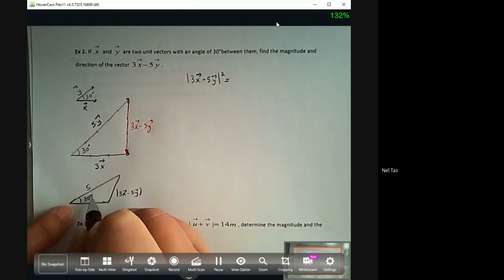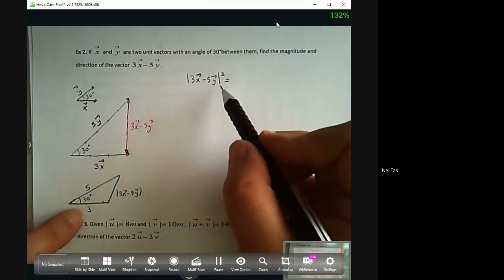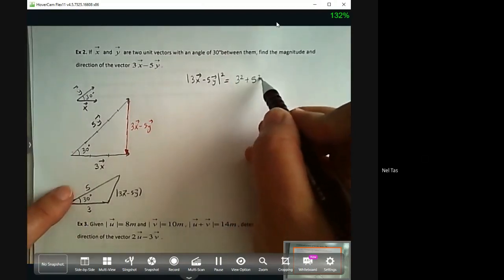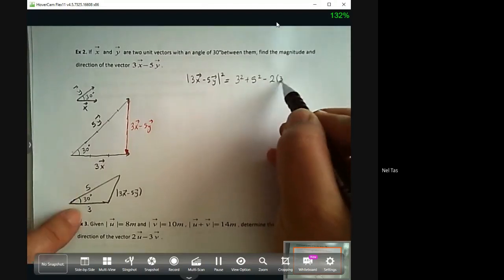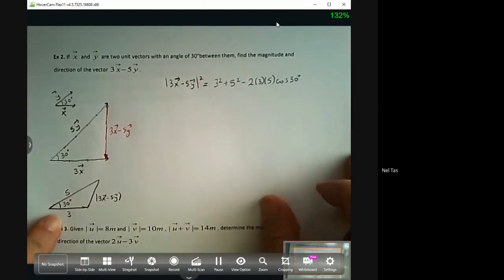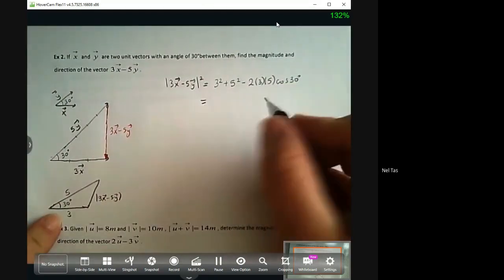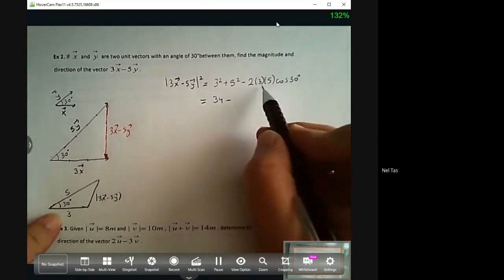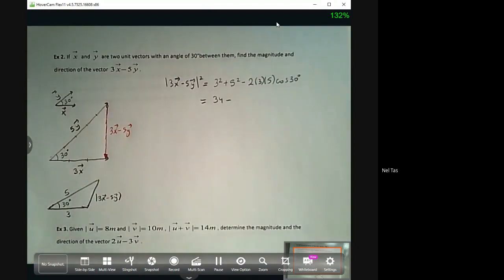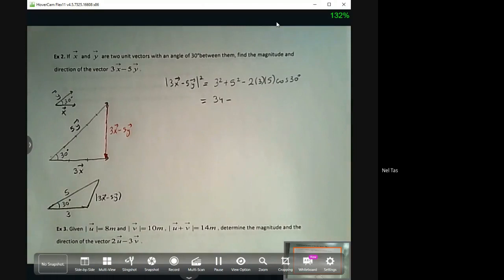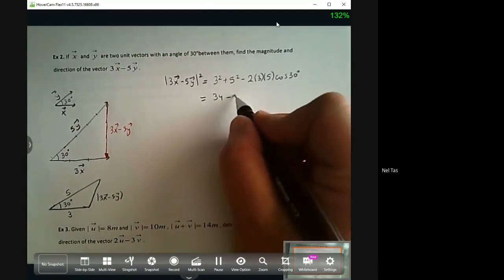And the angle here is 30 degrees. So then we use the cosine law: 3 squared plus 5 squared minus 2 times 3 times 5 times cosine 30. So we get 9 plus 25, 34, minus 15 root 3 over 2. Okay, so 15 root 3.